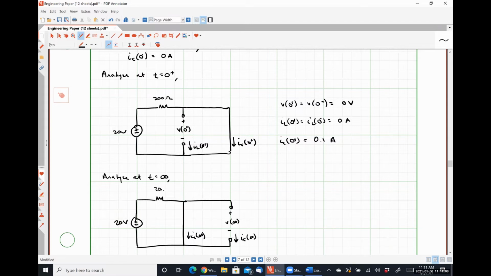This is 200 ohms. So V at infinity is what by inspection? Zero. This is a voltage drop over a short circuit.